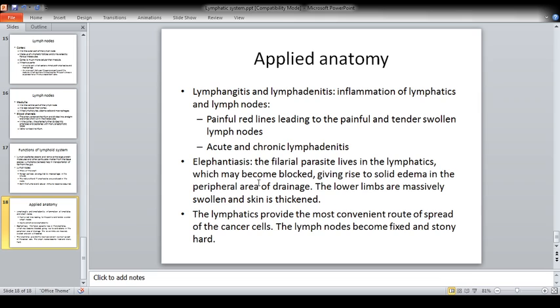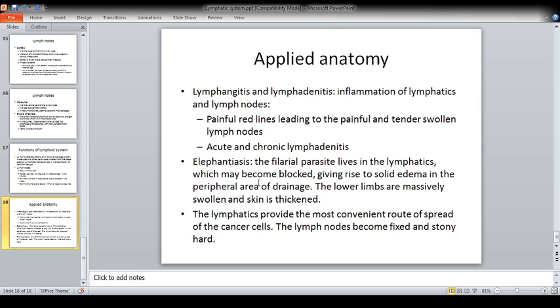The organ would get huge in size, and in the peripheral area of the drainage there would be solid edema. Solid edema would be solid to touch. It would not feel as if some fluid is accumulated there. It would feel like tissue inflammation.